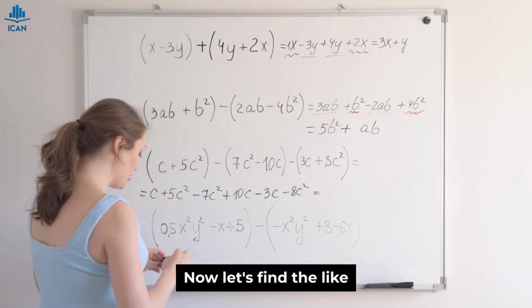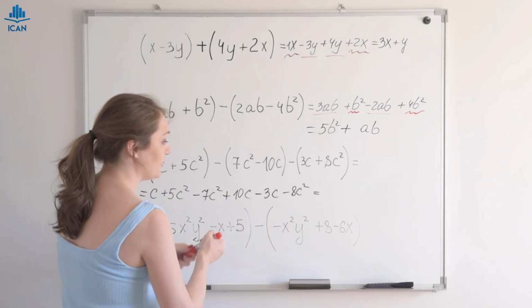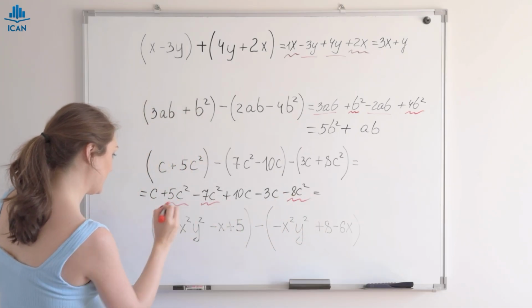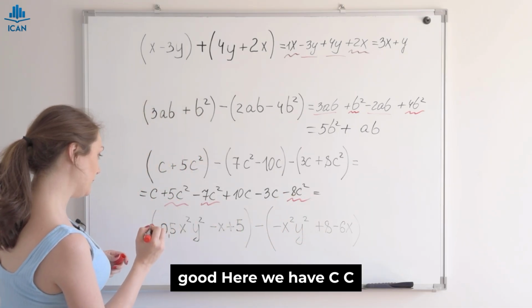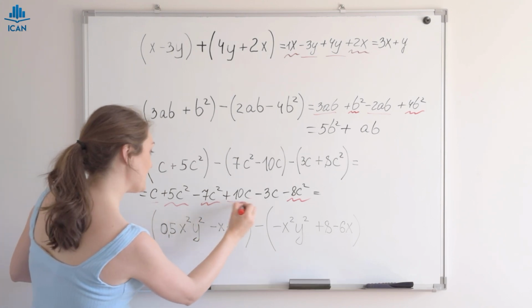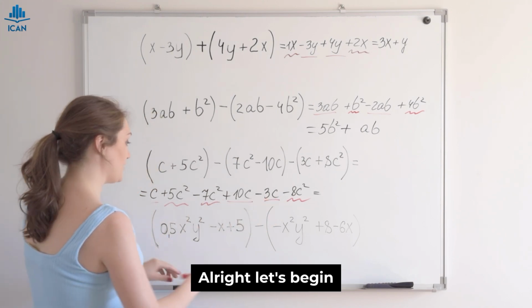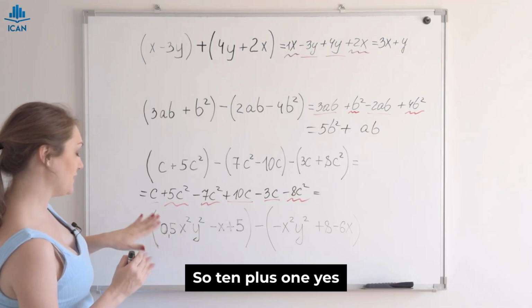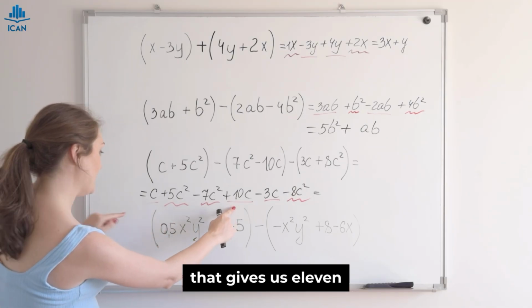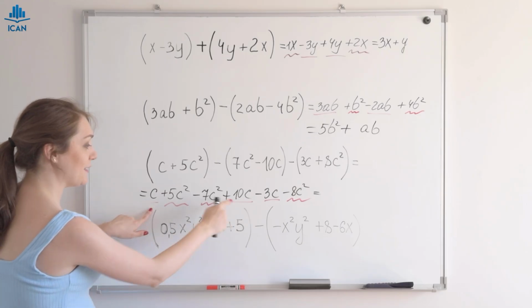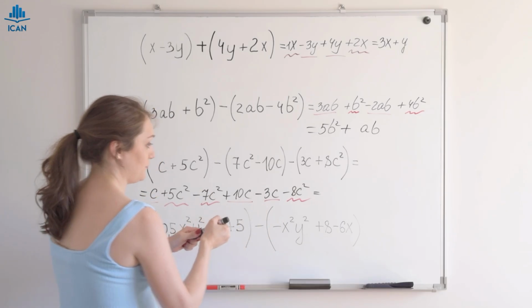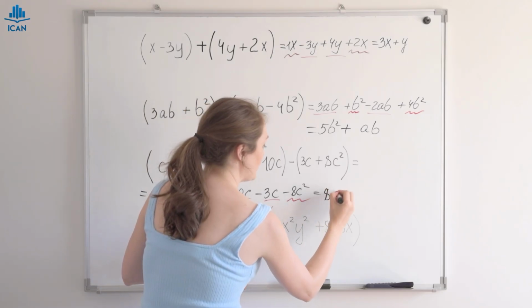Now let's find the like terms. Here we have c squared. Okay, good. Here we have c. All right, let's begin. Let's start with c. So 10 plus 1 gives us 11. 11 minus 3, what does that give? 8. 8c.